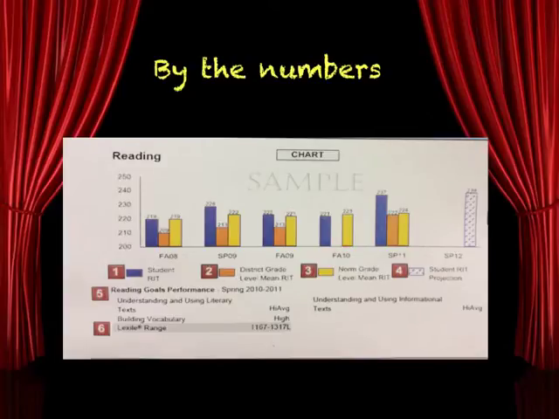For some reason, not all the scores were entered in the computer, or there's maybe yet a student who needs to be tested. The third one, the yellow, represents the norm grade level RIT. What this is for you is where your student would be compared to a national level.